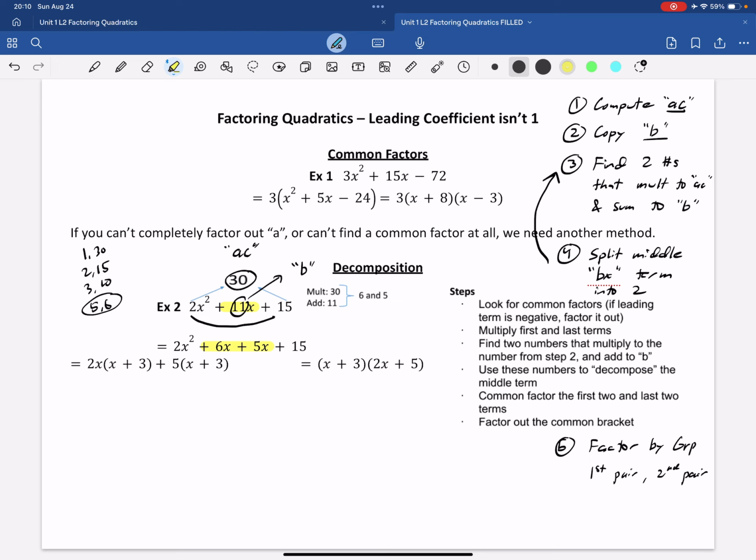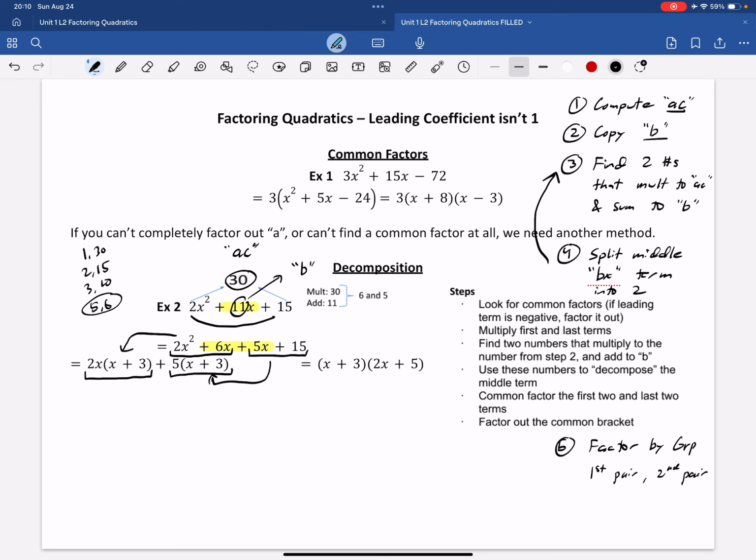From there, we look at the first 2 terms, look at the last 2 terms, and take out common factors. So that's what we have over here. This 2x squared plus 6x is the same as this. And then this 5x plus 15, we can take a 5 out. So that becomes 5 times x plus 3.